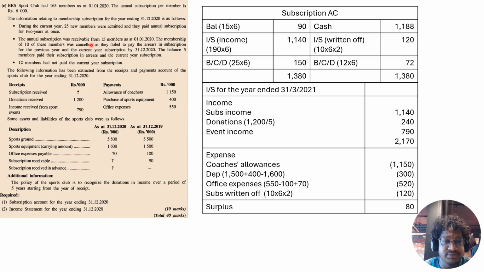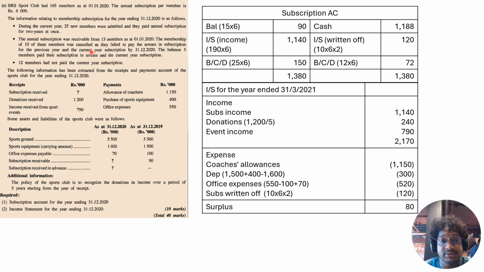And the annual subscription was receivable from 15 members as at opening date. So from that, you can identify the subscription receivable as at opening date. So that is an asset. So that opening balance you should record in the debit side in the subscription account. 15 into 6, 90,000. So which means 90. And in the case that happened, from those 15 members, 10 members were cancelled.